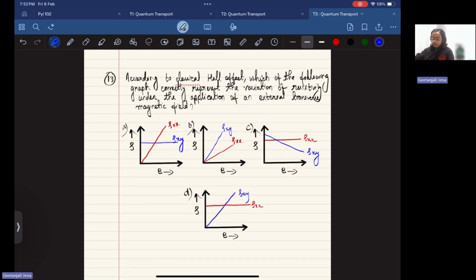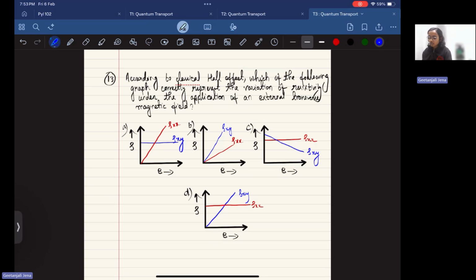Question number 13. According to the classical Hall effect, which of the following graphs correctly represents the variation of resistivity under the application of an external transverse magnetic field?